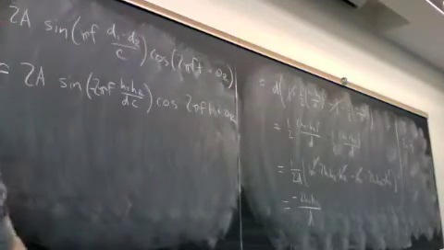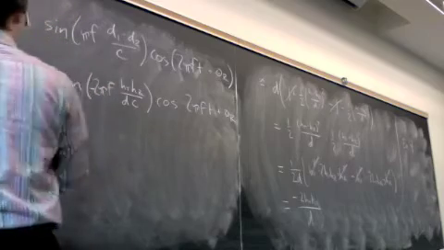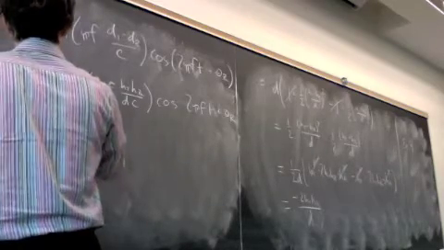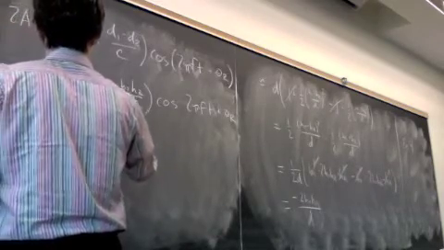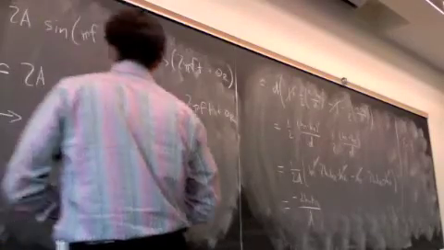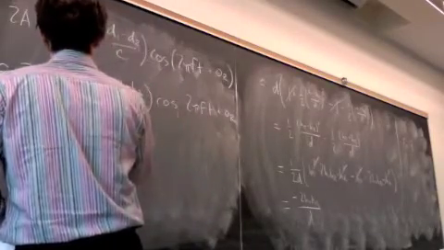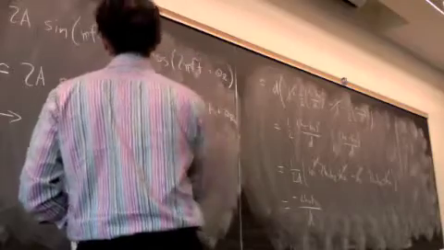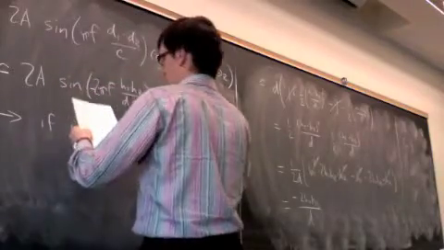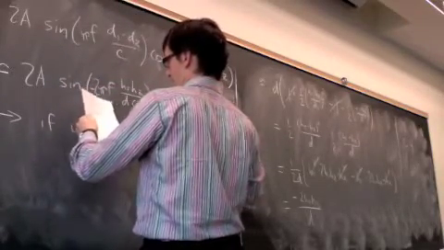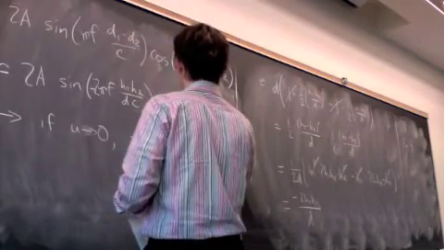One more approximation. If u is approximately equal to 0, if u is very close to 0, sine u is approximately equal to u.